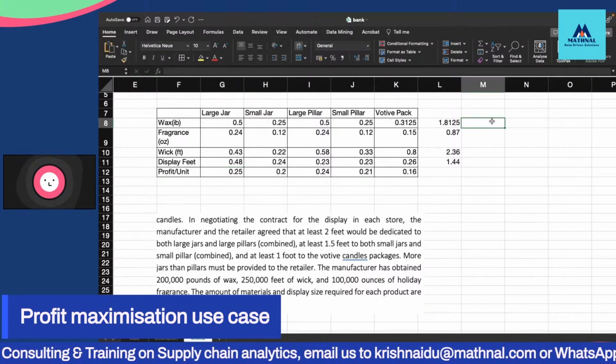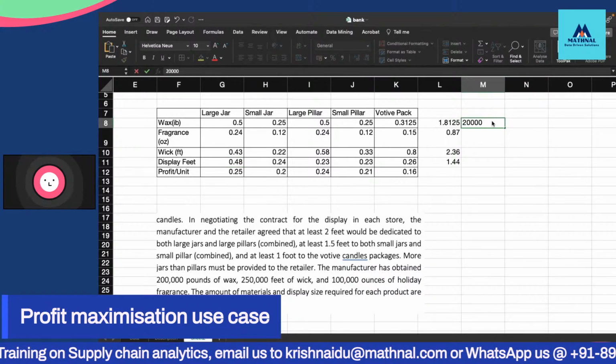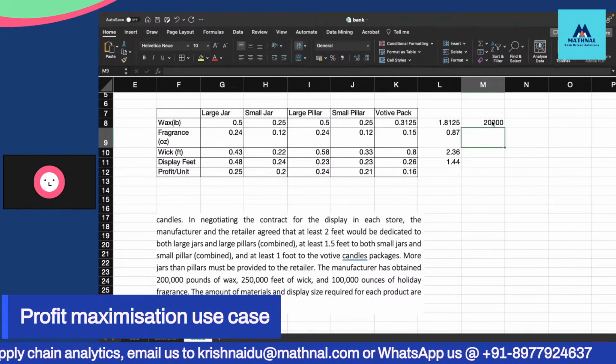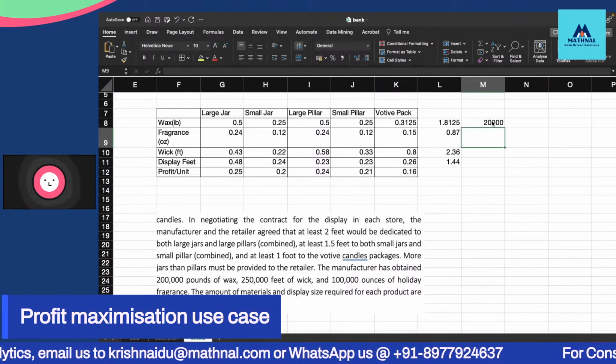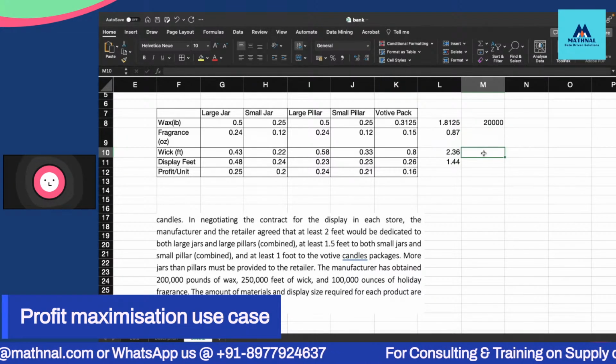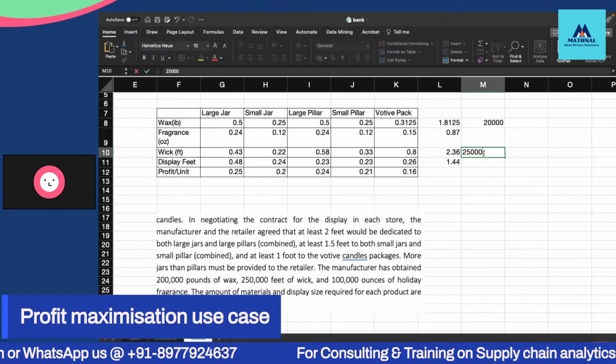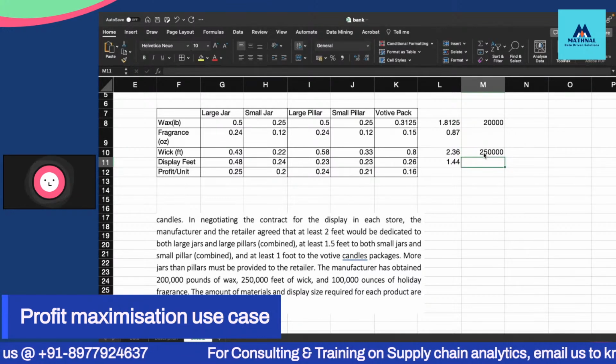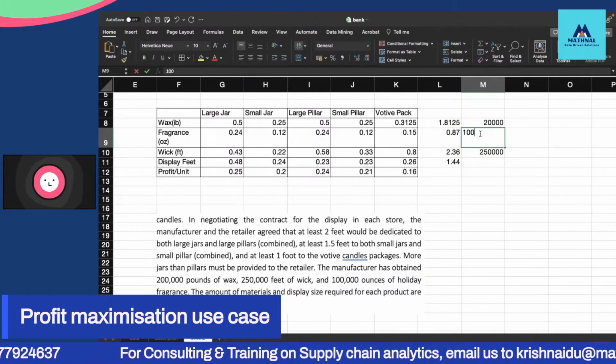So let's say we have 20,000 pounds of wax, 250,000 feet of wick, and 100,000 ounces of holiday fragrance.